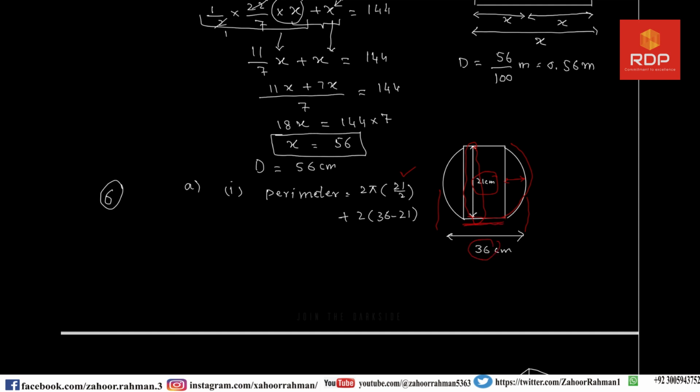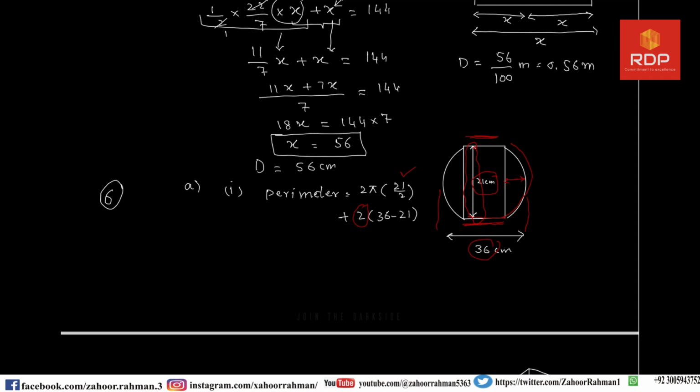So we will get this length. And on this side we also will have to do the same. So that is why we took 2 here. 2 times, and there is 2 times of perimeter as well.